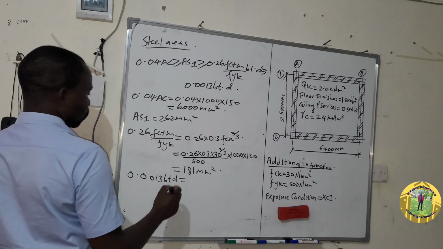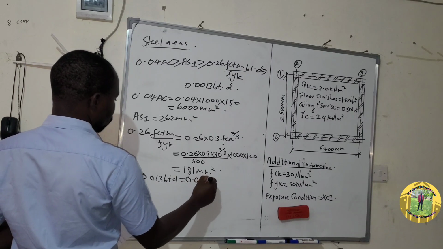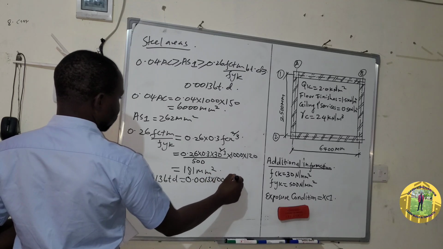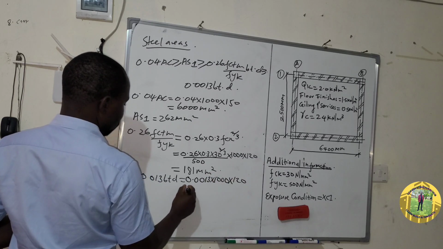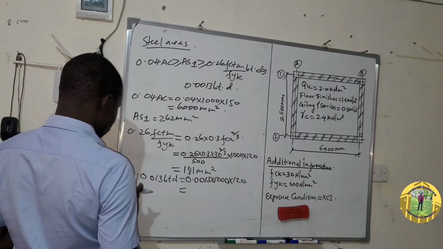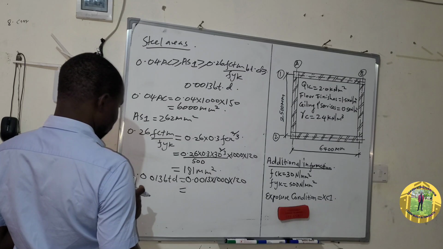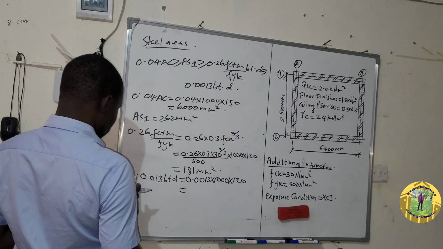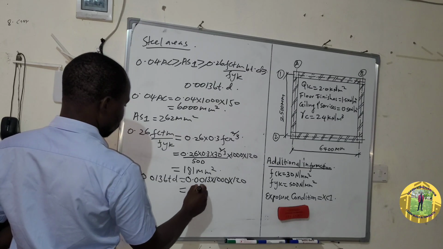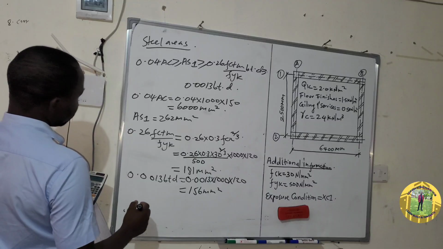So this one is equal to 0.0013 times 1000 times 120. So this is 156 millimeter square.